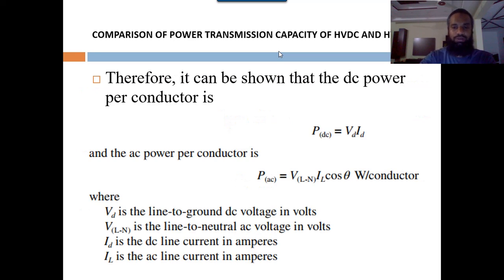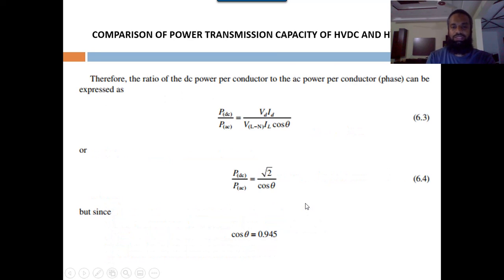So the DC power is this one and the AC power is this one. So this ratio is shown. In order to solve this, we just need the √2 factor, which is basically the RMS value. If we cancel everything, then the ratio would be PDC over PAC equal to √2 over cos φ.